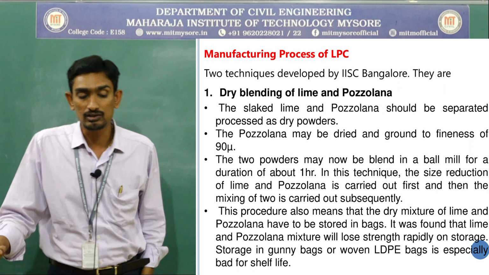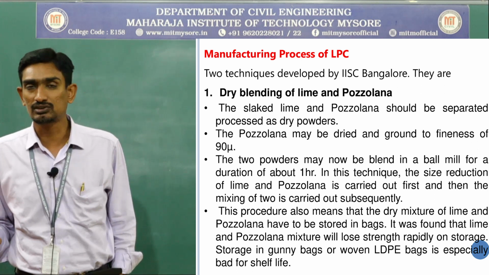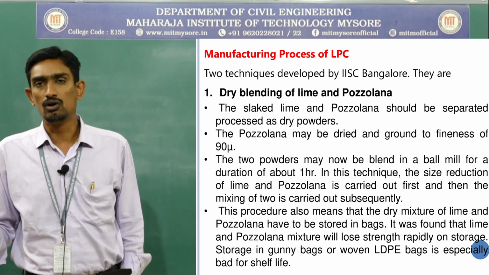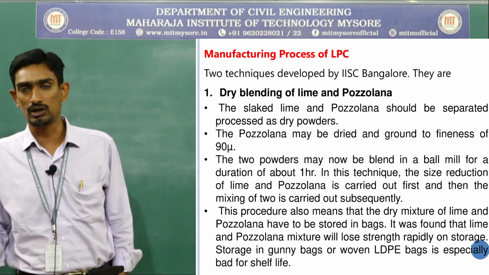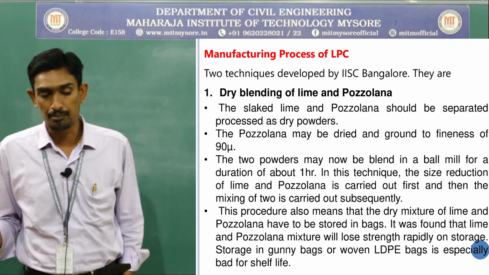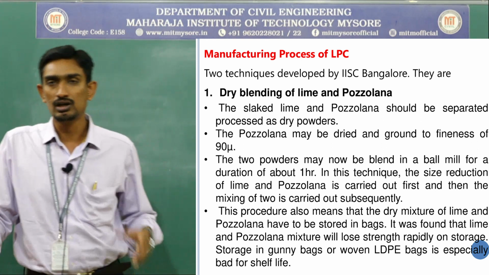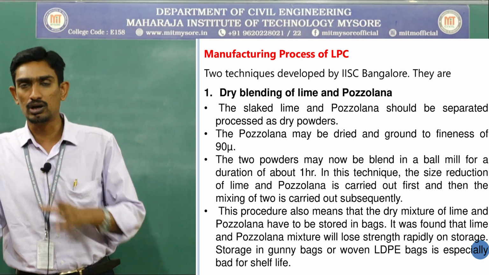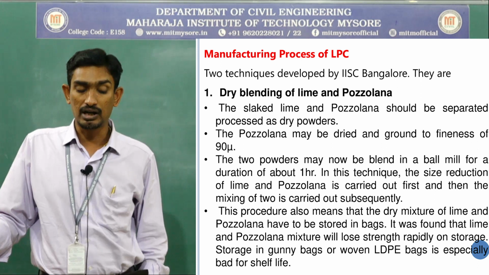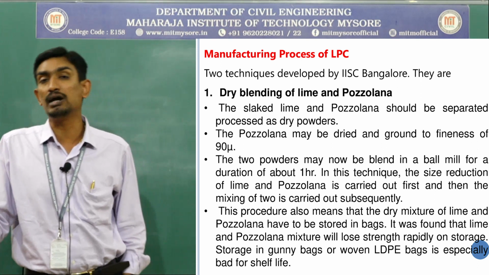Dry blending means the slaked lime, that is Ca(OH)2, which is what we get after burning, cooling and slaking, and the pozzolana should be separated and processed as dry powder. That means lime powder and pozzolanic powder need to be considered. The pozzolana may be dried and ground to a fineness of 90 micron.